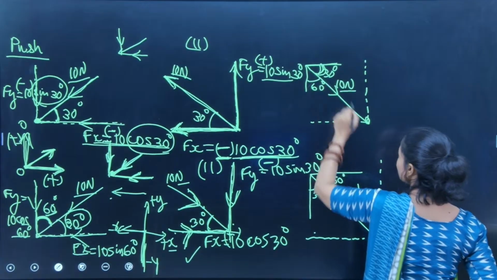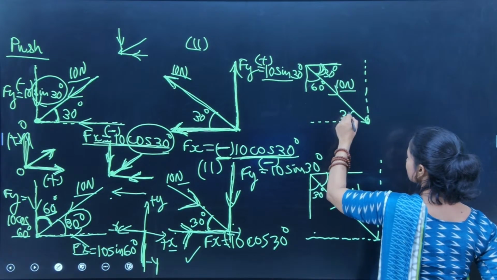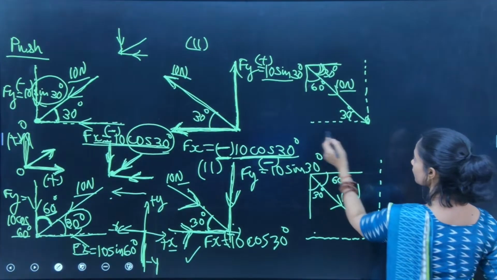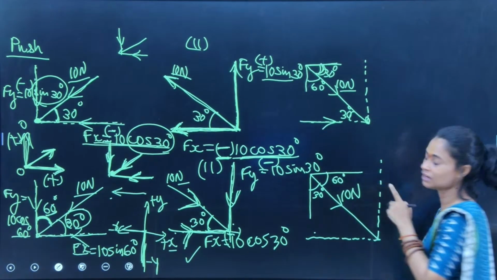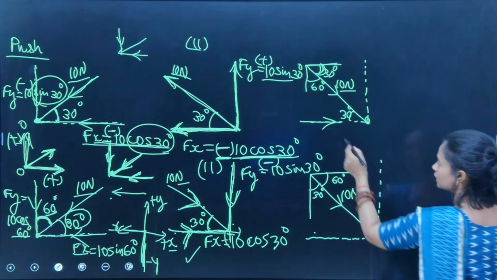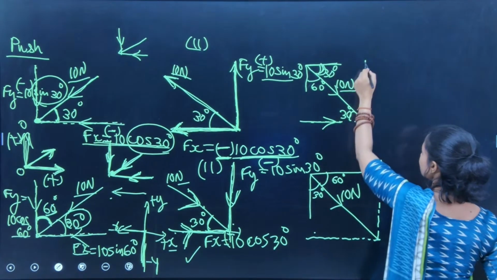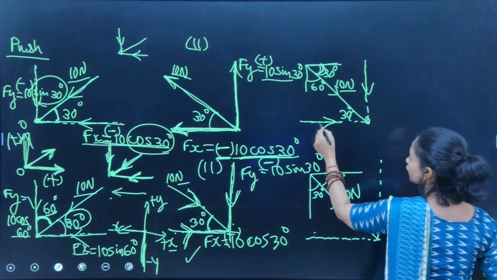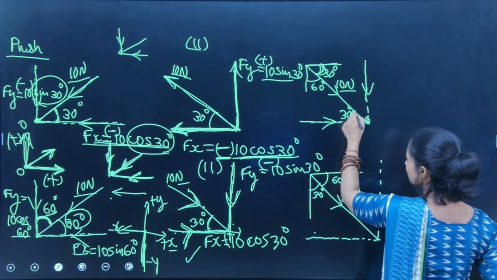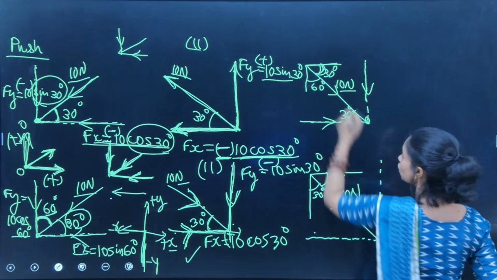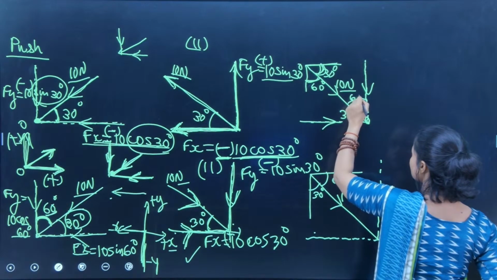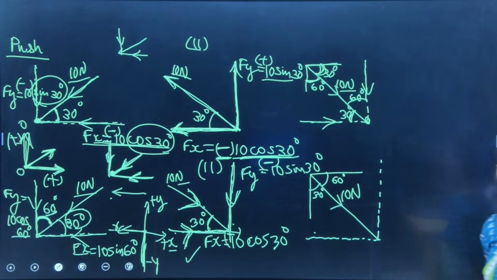If this is 30, you can take this angle as 30 and solve the problems, okay. This is Fx. I am leaving it to you. Please do this and show it to me. This will be Fx, this will be Fy. You can find Fx by taking 30 as your angle of inclination, or if this is 60, this alternate angle will also be 60, right?